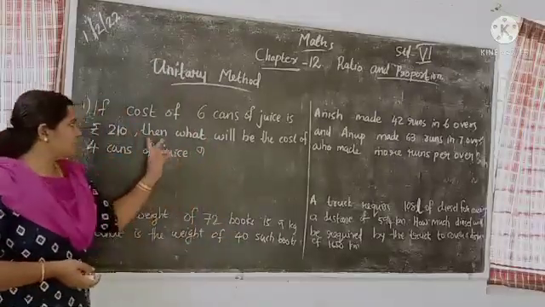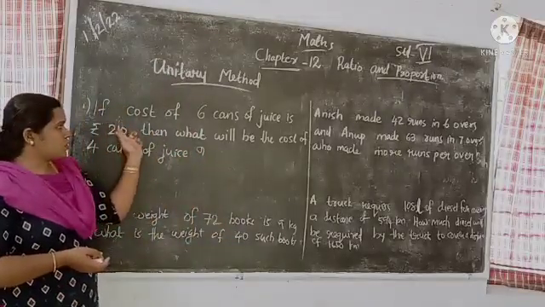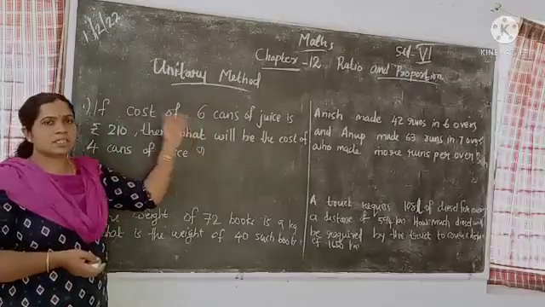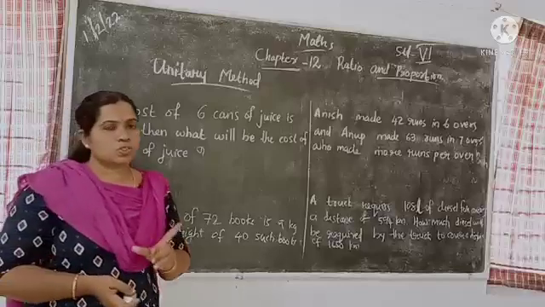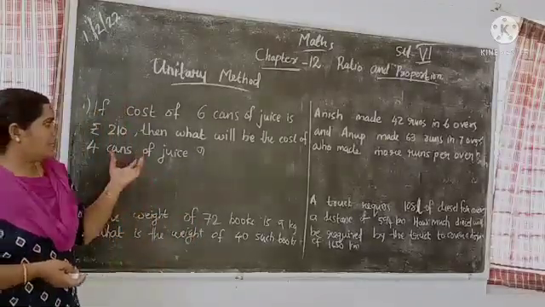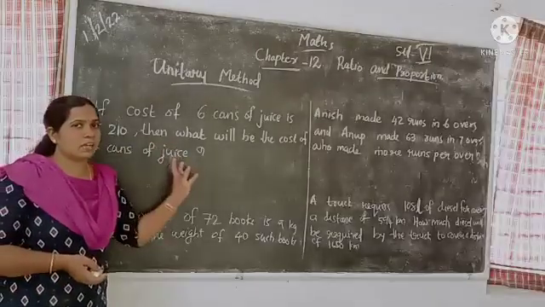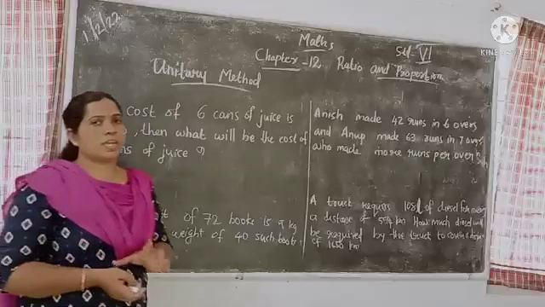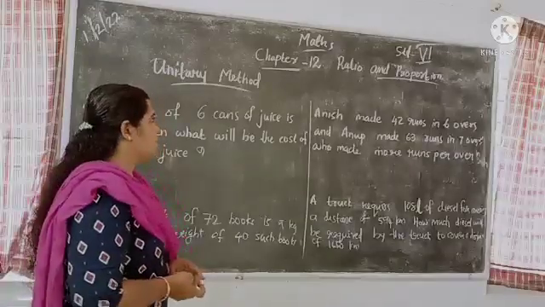We have to divide this cost of 6 cans of juice by 6. We get the cost of 1 can of juice, and then we multiply the cost of 1 can of juice by 4. We get the cost of 4 cans of juice. Okay.